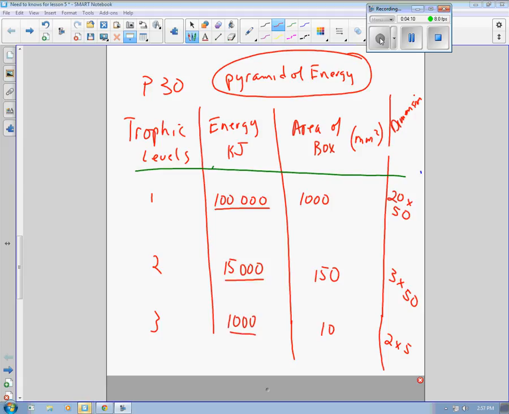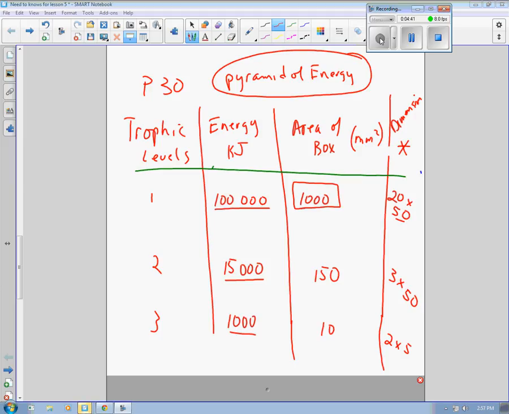And then they also give you the area of the box to start with. And so I just added a fourth column here, which is the dimensions of the box column. And that can vary, of course, but dimensions of 20 millimeters by 50 millimeters would give you 1,000 millimeters squared. So that could be a box and you would draw on your page.